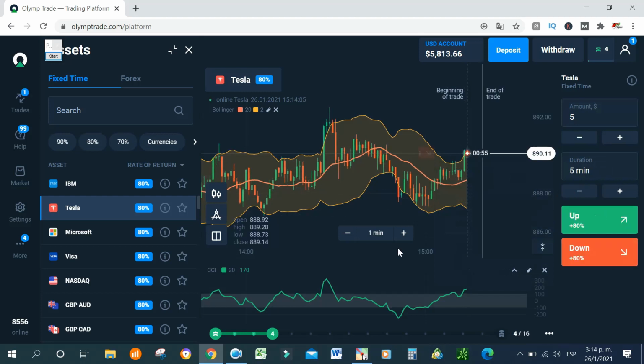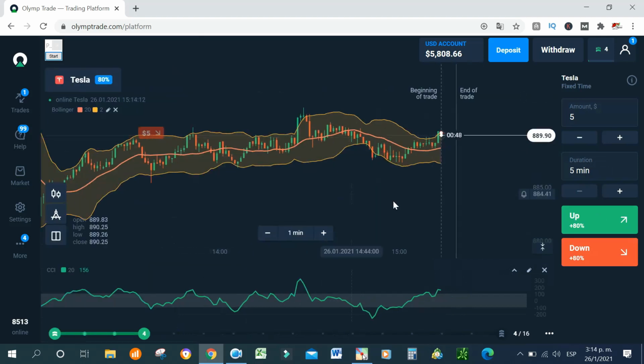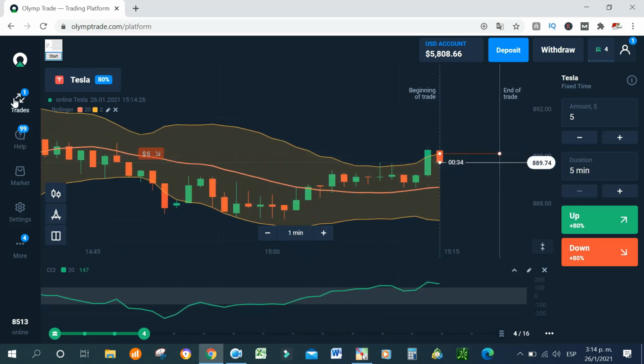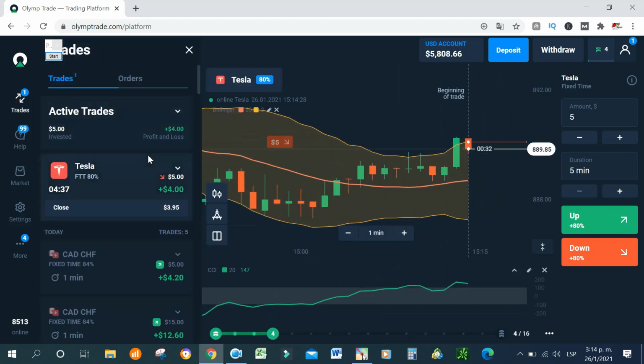All right, but this stock, we need to make the option for more than 1 minute. So I don't like this kind of investment, but it's okay. I think we took a very good price and we can sell.